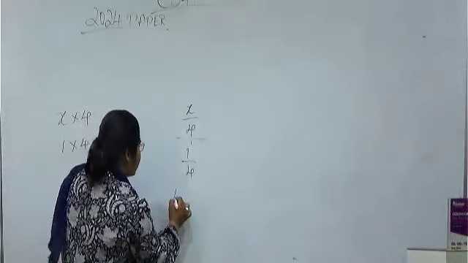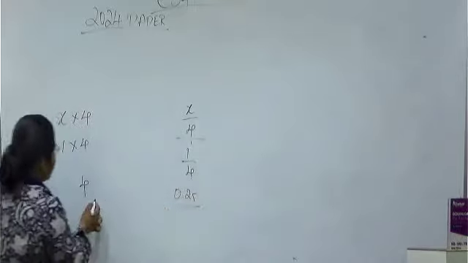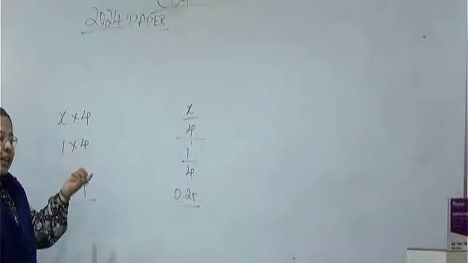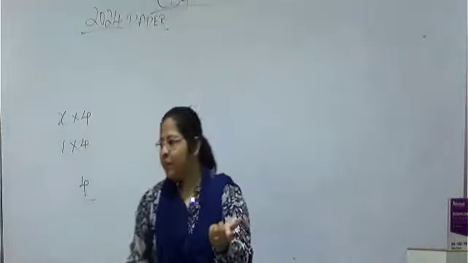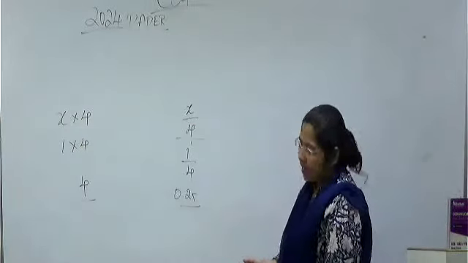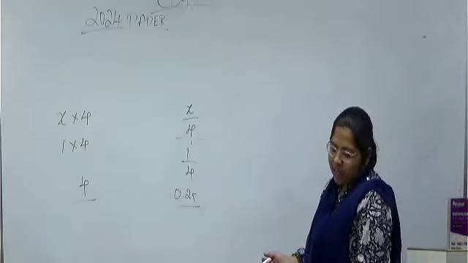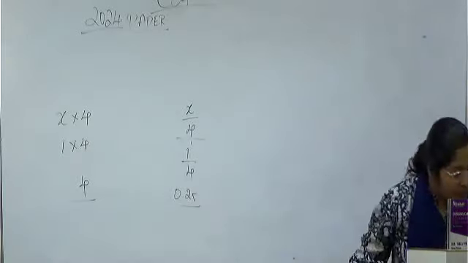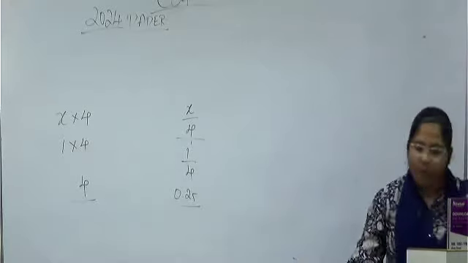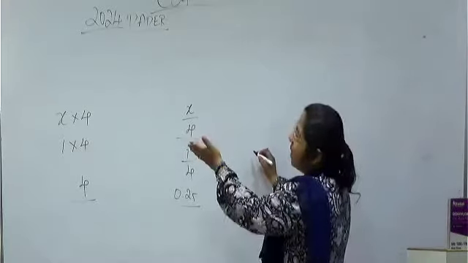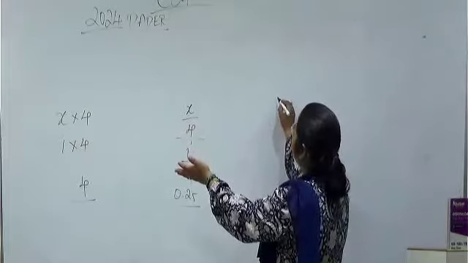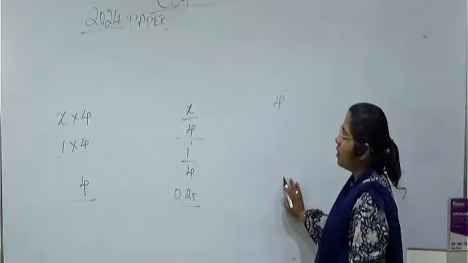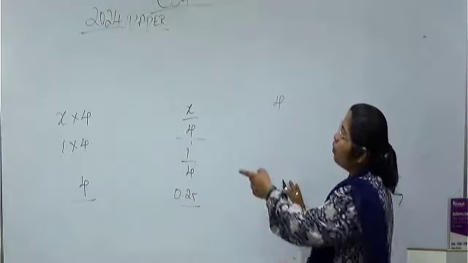Instead of this, I was supposed to get the multiplication answer, that is 4. But I mistakenly divided instead of multiplying.